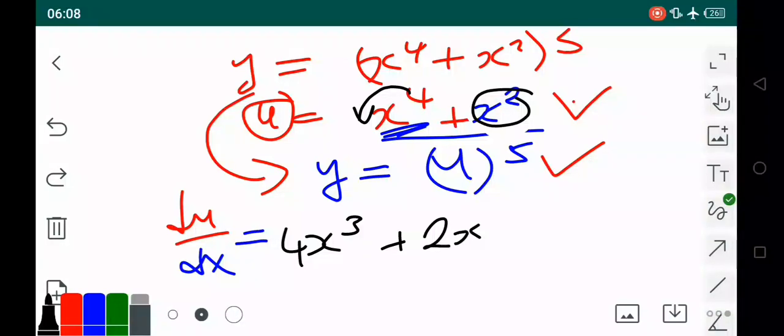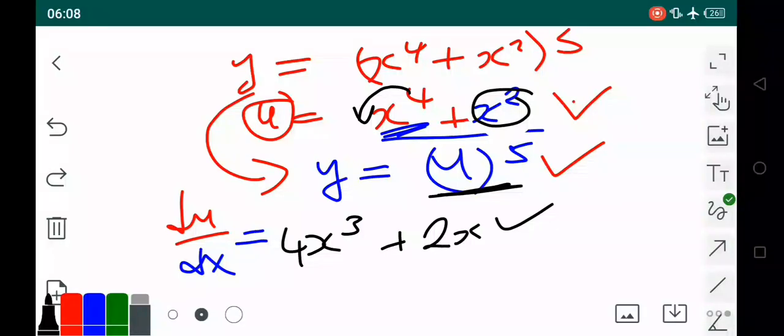Okay, so we have taken the derivative of that, and then we find the derivative of y, because y is defined as a function of u to the power 5.